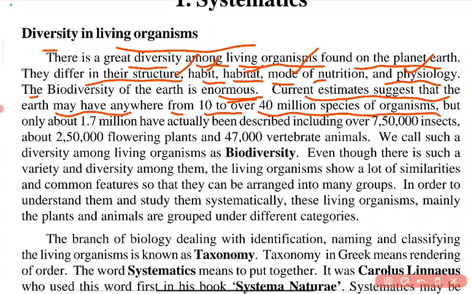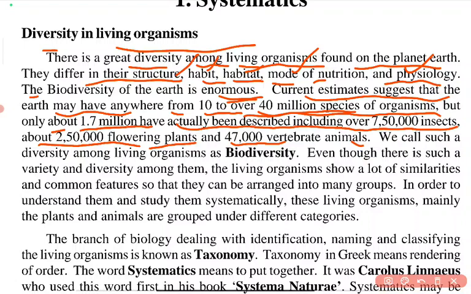Okay, so over 10 to 40 million species of organisms, but only about 1.7 million have actually been described, including over 7,50,000 insects, about 2,50,000 flowering plants and 47,000 vertebrate animals. These are the organisms which are classified or identified.